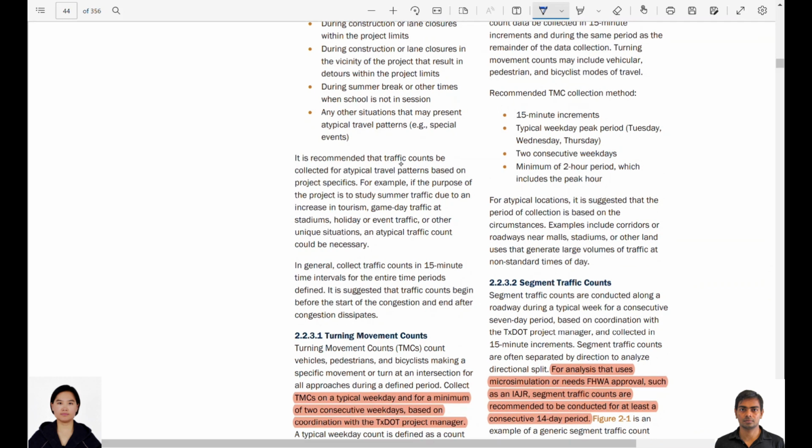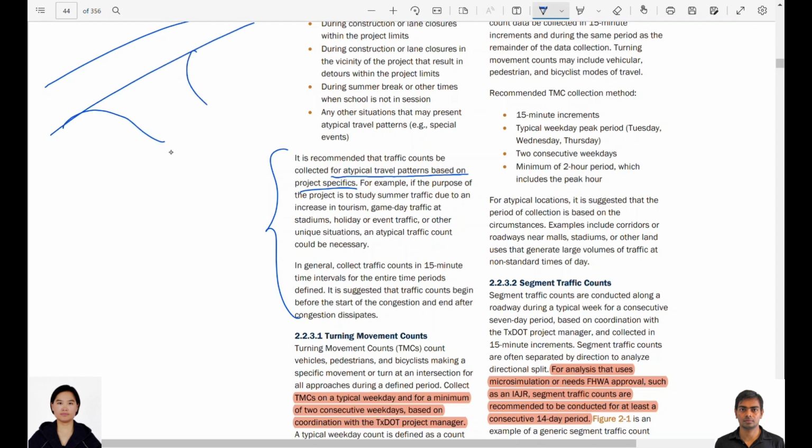It is recommended that traffic count be collected for atypical travel patterns based on the specific project. For example, this part discusses that sometimes we have to collect atypical traffic patterns. Recently we are working on projects with some special events locations, and we had to collect data for weekends.